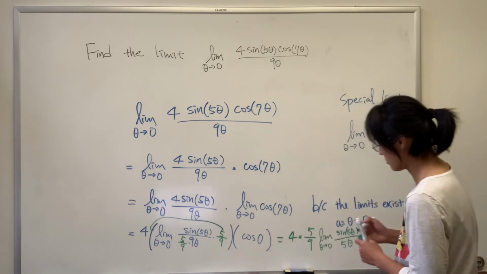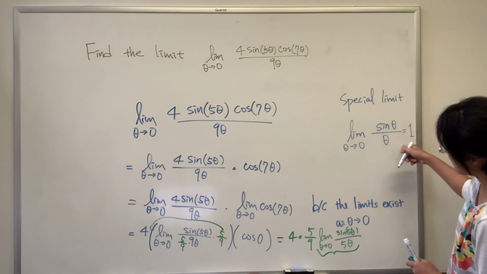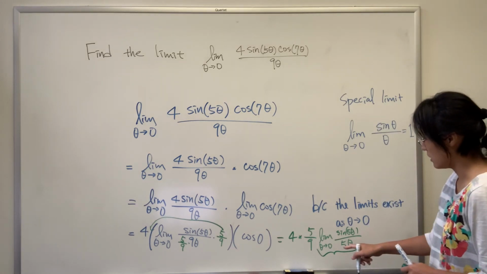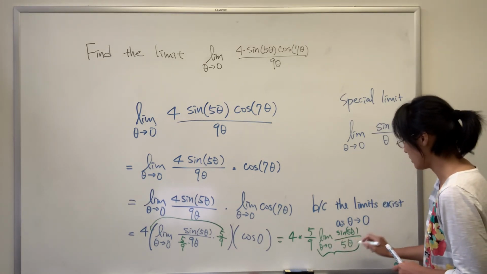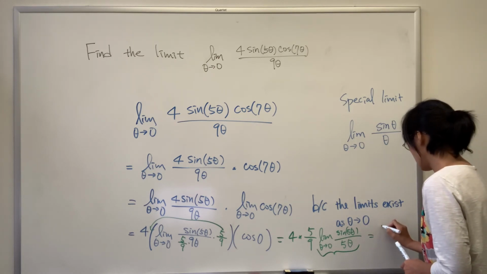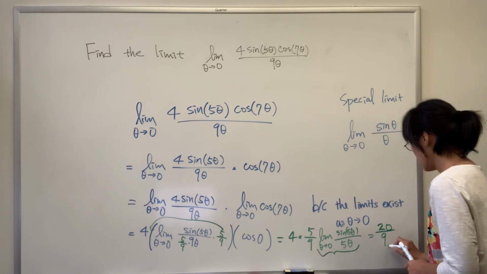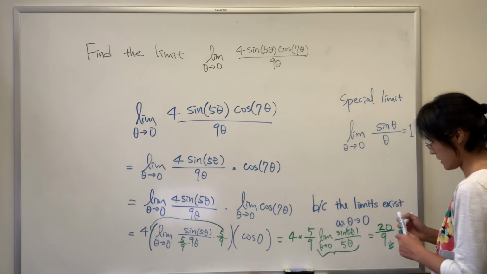Cosine of 0 is equal to 1. Then based on the special limit, I know that this is equal to 1, so I write down my final answer. That will be 20 over 9, like that, okay?